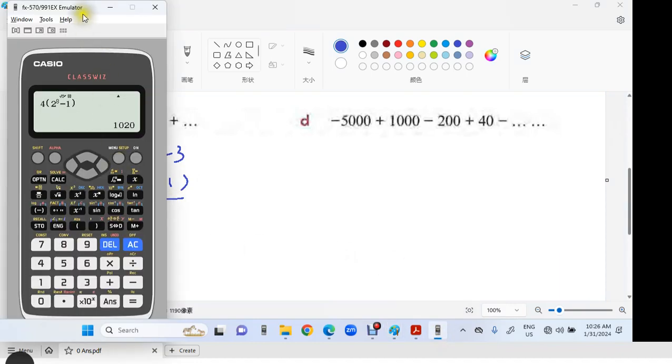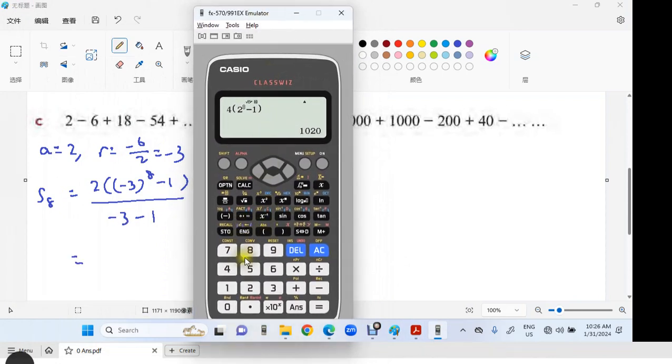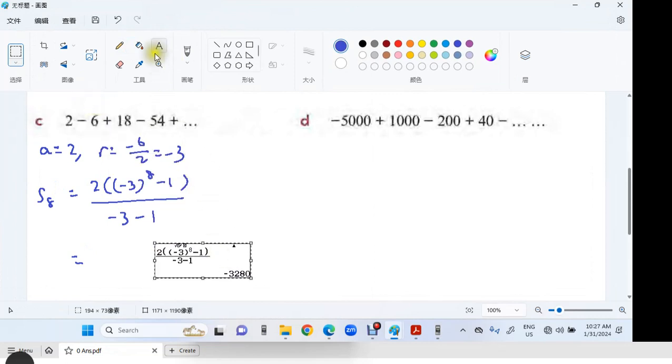So I have the 2 bracket -3 power 8 minus 1 divided by negative 3 minus 1. So the answer will be negative 3280.